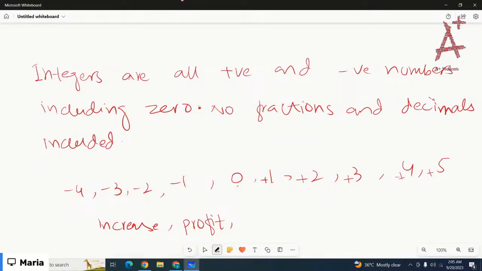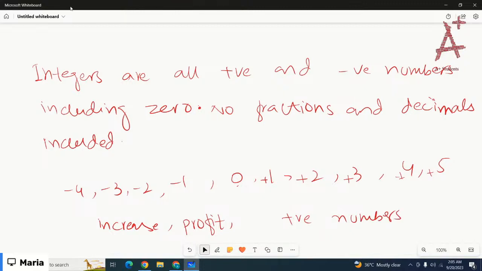Whenever you have to represent an increase or a profit in anything, like when temperature is increasing, your bank account balance is increasing, or you have a profit on something, you always represent it by positive numbers.